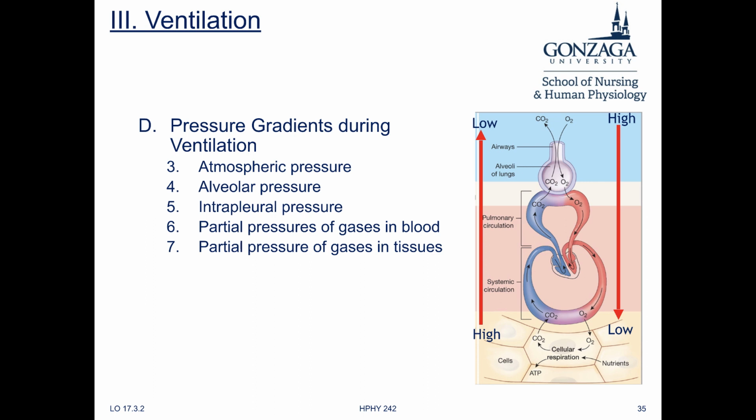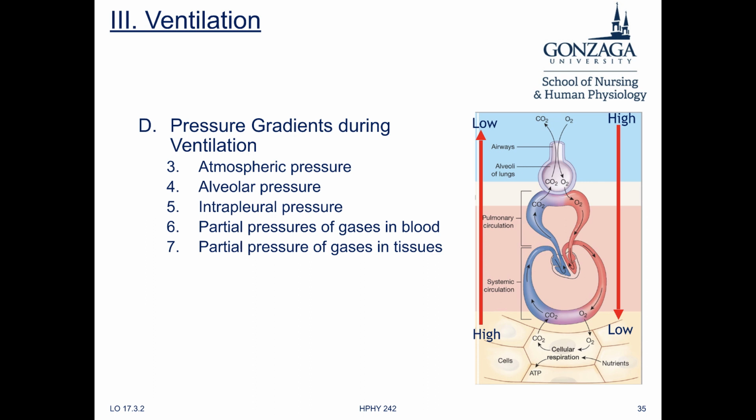So there are some different pressure gradients that we need to discuss before we get into the nitty-gritty of it. But basically the concept here that this diagram is trying to show you is that in order for oxygen to move from the atmosphere and into our body, we've got to maintain a constant pressure gradient.